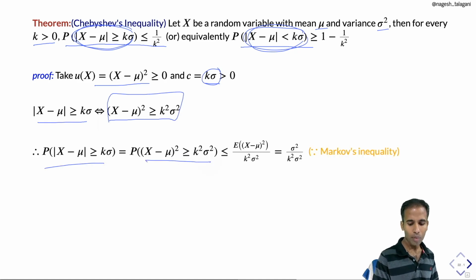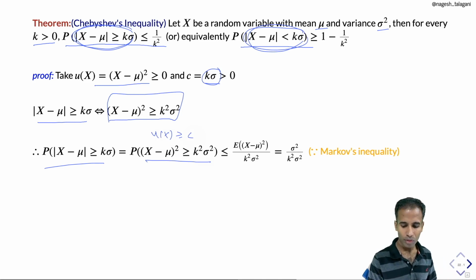That is, probability of mod x minus mu greater than or equal to k sigma will be the same as probability of x minus mu whole square greater than or equal to k square sigma square. Okay, this is our u of x, this is our c. Now here we can apply Markov's inequality. So probability of u of x greater than or equal to c is less than or equal to expectation of u of x by c, right?